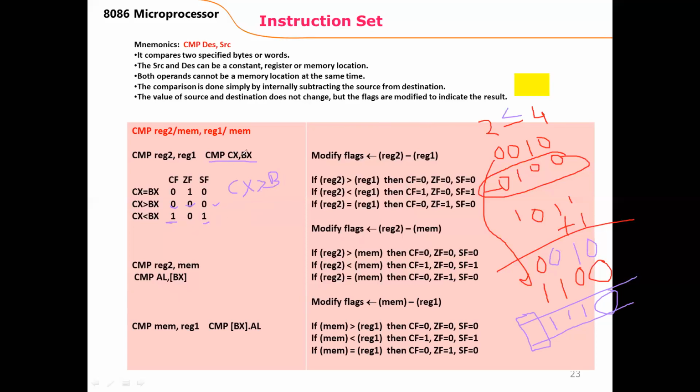But the content of CX and BX will remain the same. This will not change. We are not going to store this result anywhere because we don't want this result. We wanted just a decision which number was greater or smaller or equal. Now if both the numbers are equal, then both these flags will be 0 and zero flag will be 1 because the result will always be 0.